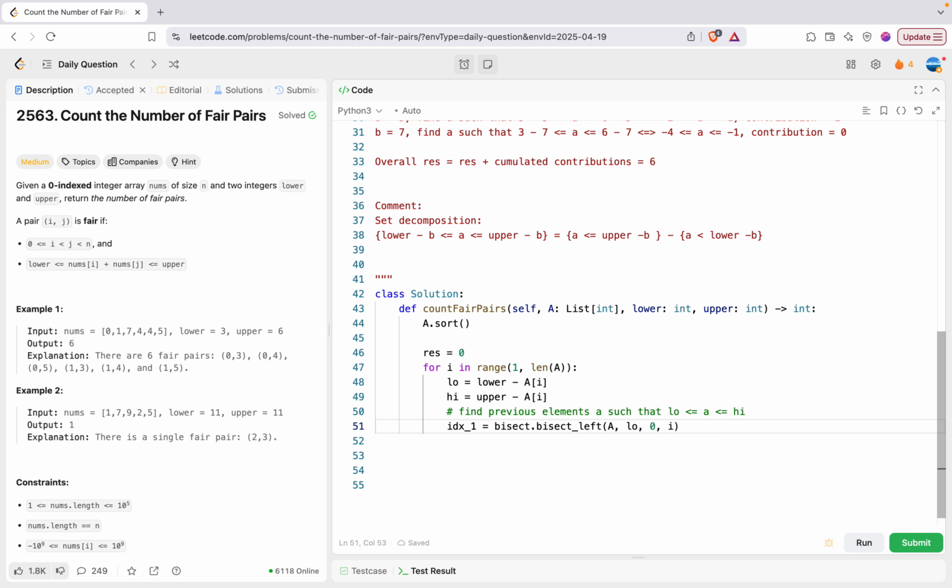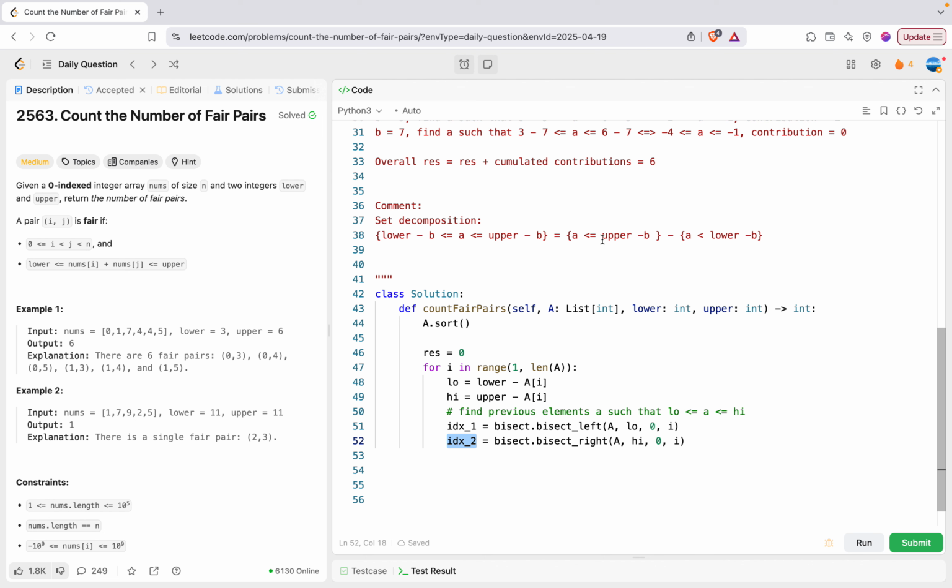So this idx1 will be the number of elements that are strictly less than this one. Now consider the next one, bisect_right. We are going to search high, and the search range is still the same, but because here we are using right, to the left of idx2 all the elements are less than or equal to this high, right?